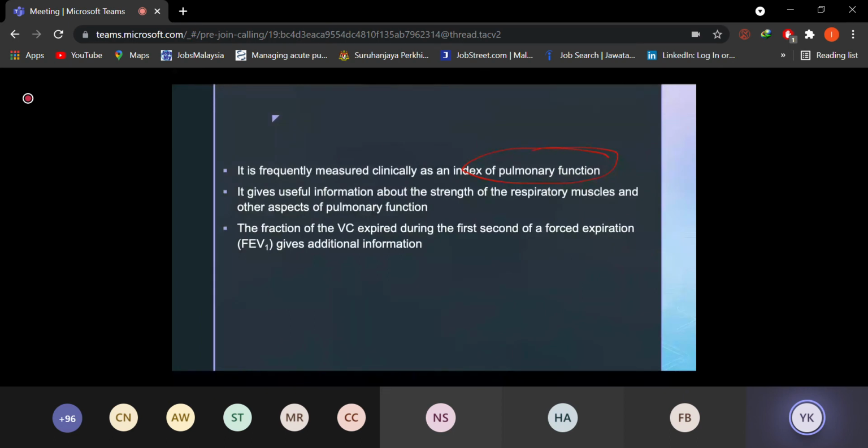The fraction of the VC expired during the first second of the forced expiration gives additional information. The FEV1, yes, this value is very, very important. You will learn this in your ECE, maybe in a few more of my lectures. Why is the FEV1 so important?